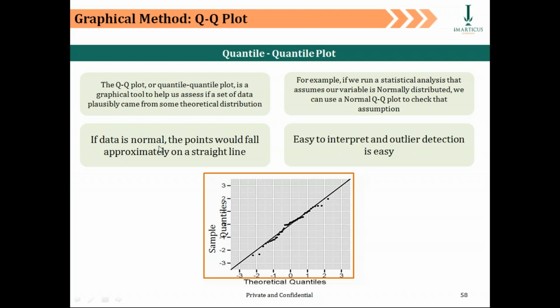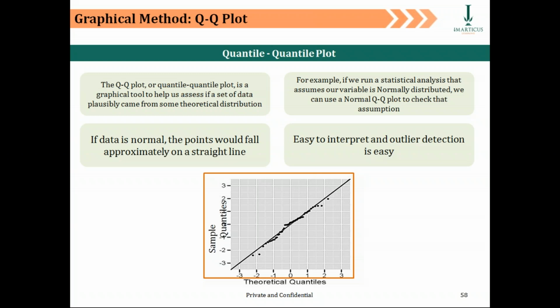It's saying that if data is normal, the points would fall approximately on a straight line. The way this straight line is given, your data will fall approximately on the straight line. Going forward, we'll run some query and there we'll do this plotting. Here, we need to understand, we need to get the framework that this is what the requirement is.